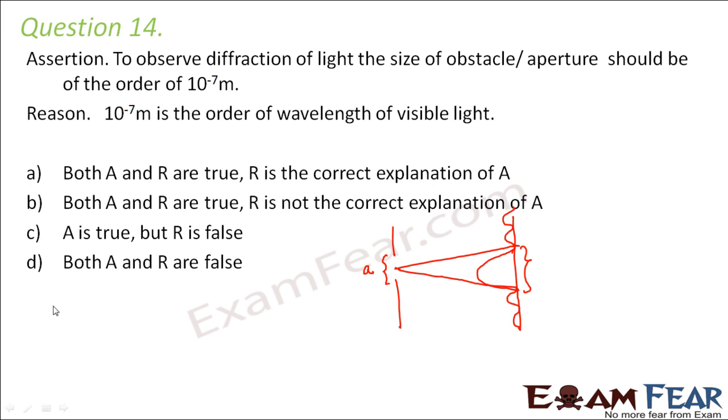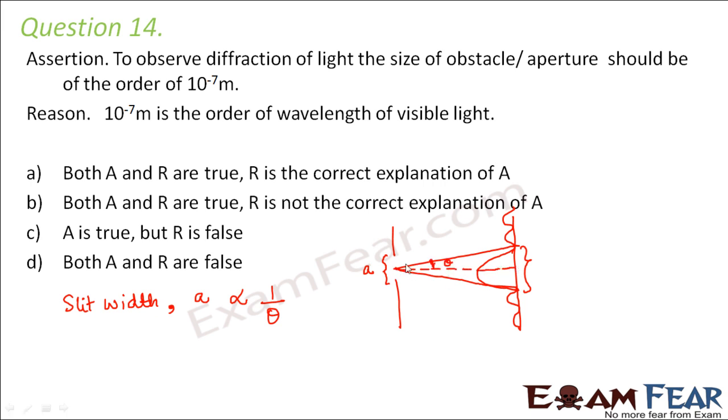In fact, if you would like to put it in mathematical expressions, you can say that the slit width, which is basically the size of the aperture A, is inversely proportional to theta, where theta is the angular divergence.